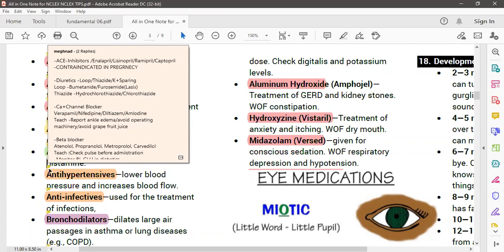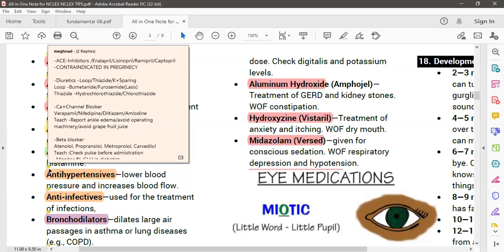ACE inhibitors have some common side effects. They can cause cough, ankle edema, palpitation, orthostatic hypotension, potassium level going up, which means hyperkalemia, or they can cause renal impairment.